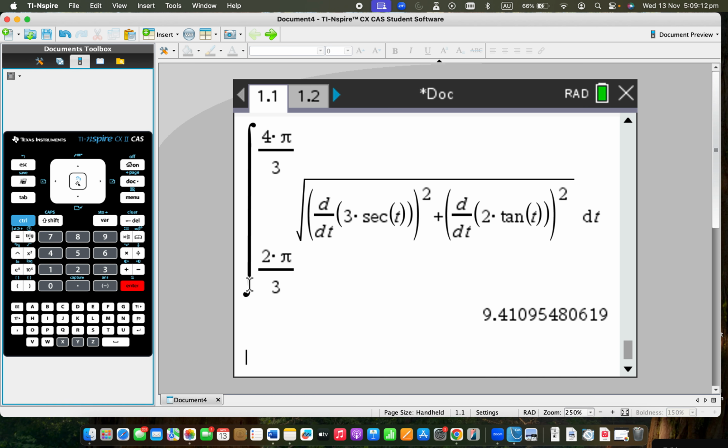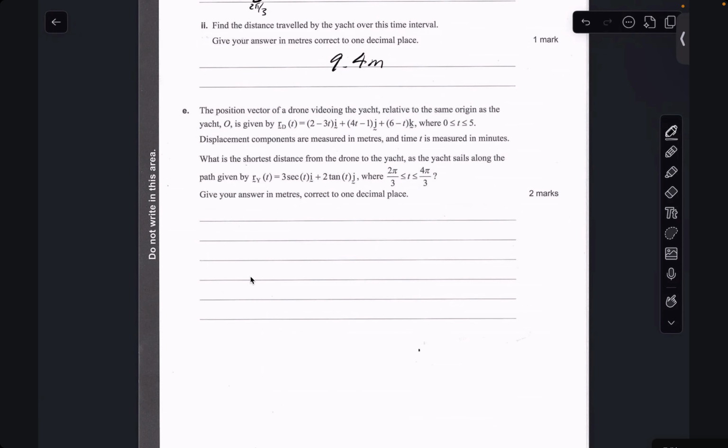The position vector of a drone videoing the yacht relative to the same origin as the yacht is given by that. Displacement components are measured in meters and time is measured in minutes. What is the shortest distance from the drone to the yacht as the yacht sails along the path given by that?